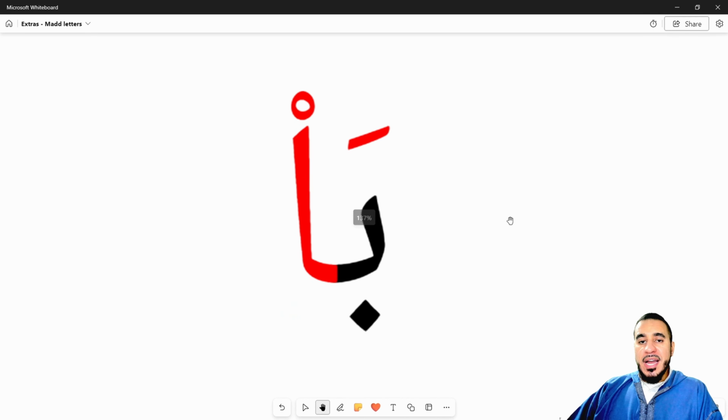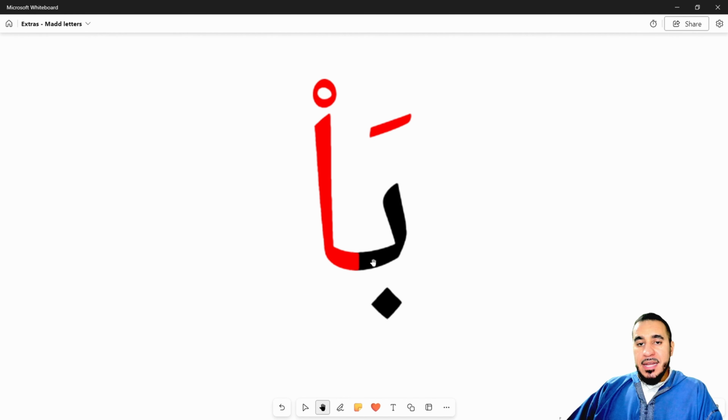Here we have written a ba and an alif attached to it, an alif without the hamza, but rather just a sukun. And the ba has a fatha above it. So when do we use the med version of the alif?